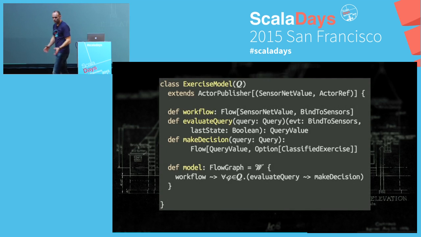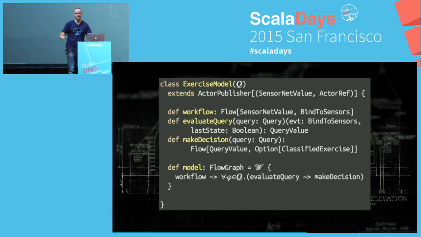And so the exercise model in code is, for some queries, an actor publisher, so it fits into the Akka stream. And we have the three components: the workflow, the query evaluator, and the decider. And the exercise model actually is just a fancy workflow, some wrapper around it, we'll see that in just a moment. We take our smaller workflow, the one that actually detects the events and classifies them, and then for every query, we feed it to the evaluator, and then we make a decision.